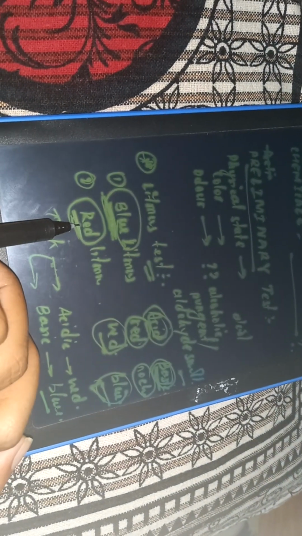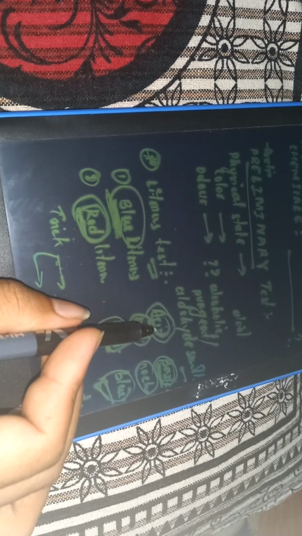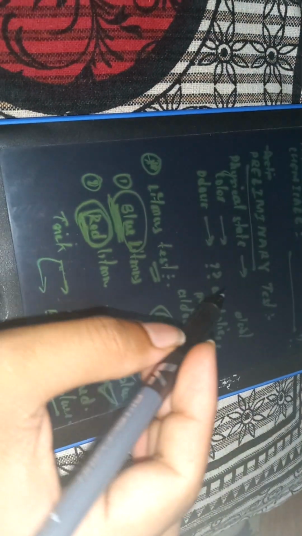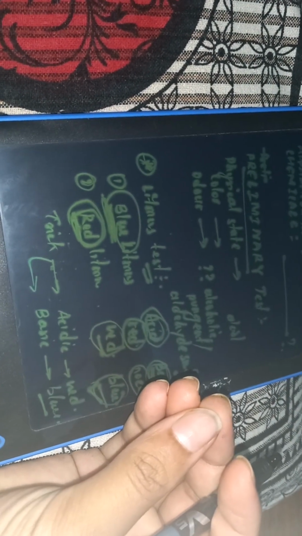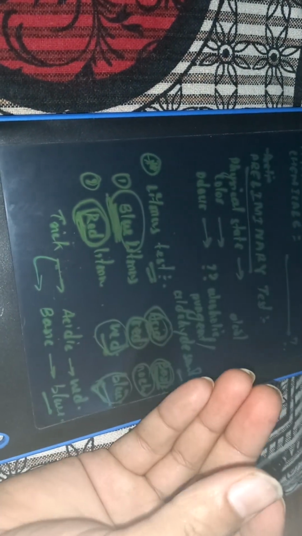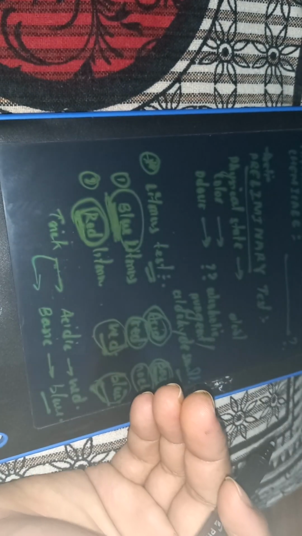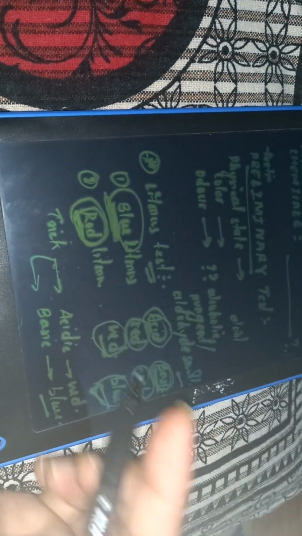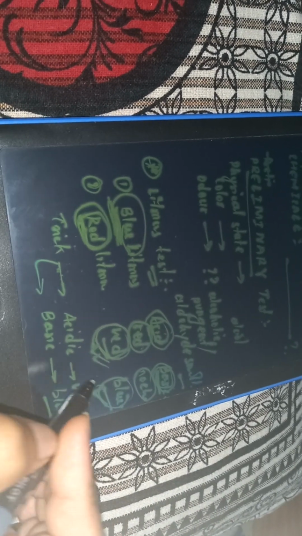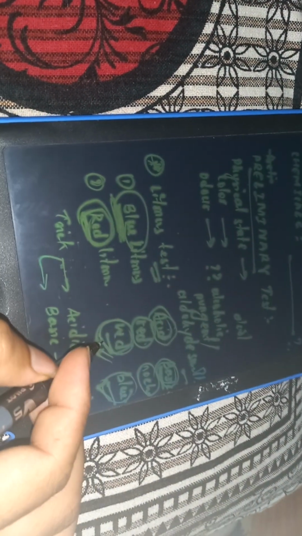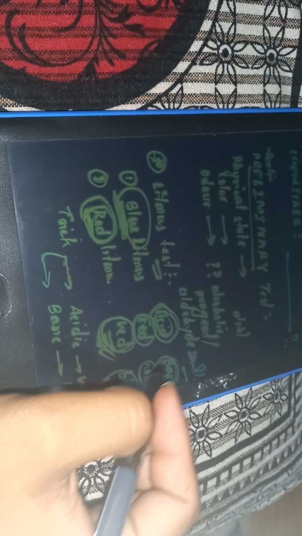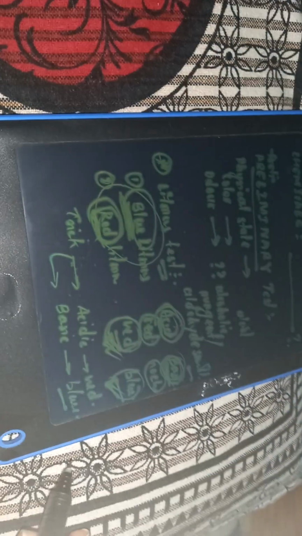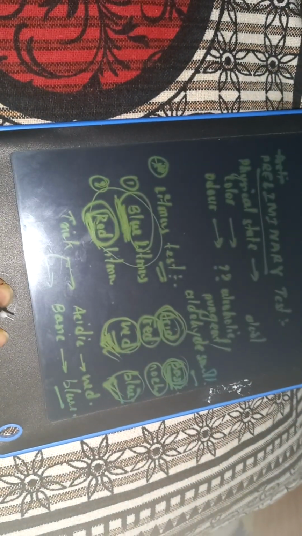Just take one example: if carboxylic acid gets on your hand, it will burn your hand, and you will get red color. So you can relate like this: acids will always give red, and bases will always give blue, no matter what the paper is. Understood? Let's move on to another topic.